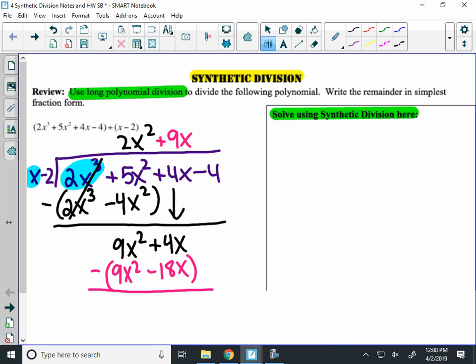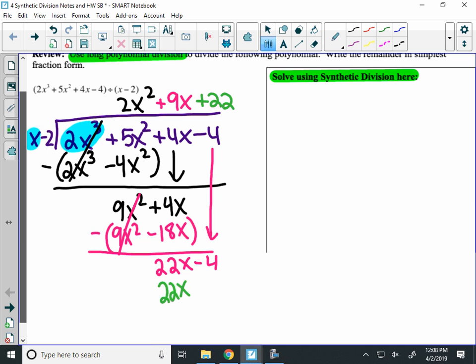Parentheses and a minus. Well, those 9x squares cancel, like usual. Yeah, 4 minus negative 18 is 22x. And I bring down the last term of negative 4. Alright, 22 divided by x is 22. 22 times x is 22x.